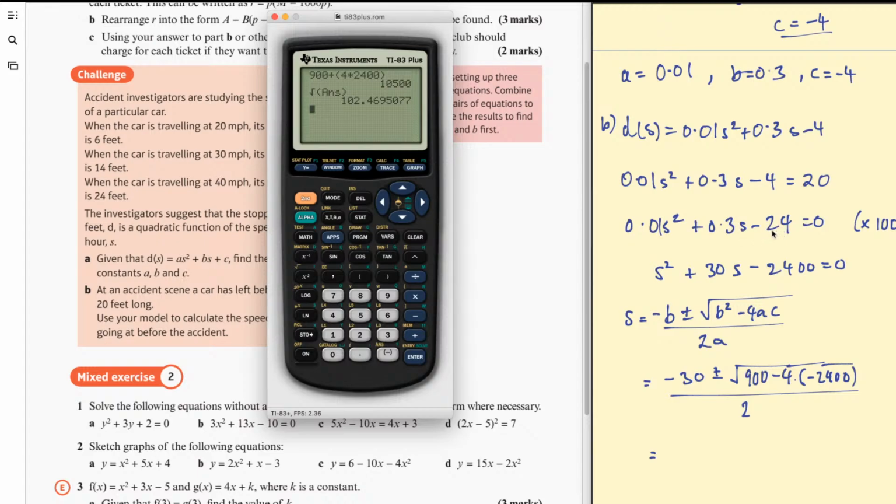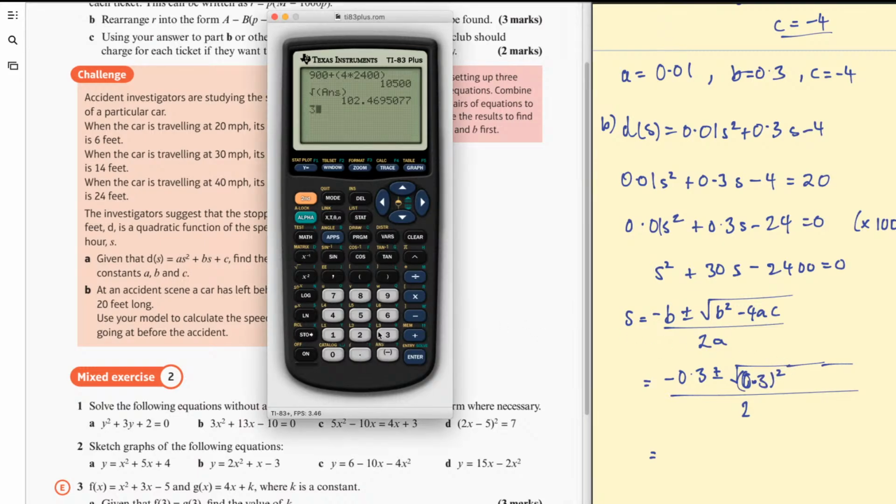Actually, I'm going to go back and use the decimals instead. I just feel like that's going to give a nicer answer. So b was 0.3, b squared, 0.3 squared.